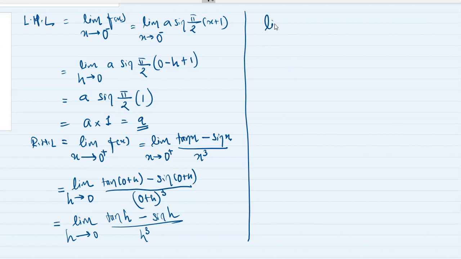Limit h tends to 0 of tan h. Tan h is sin h upon cos h. Sin h upon cos h minus sin h the whole upon h cube. So what will we have here?